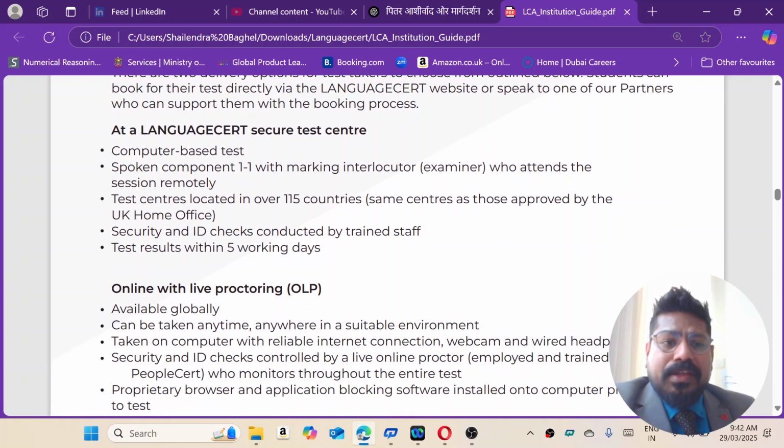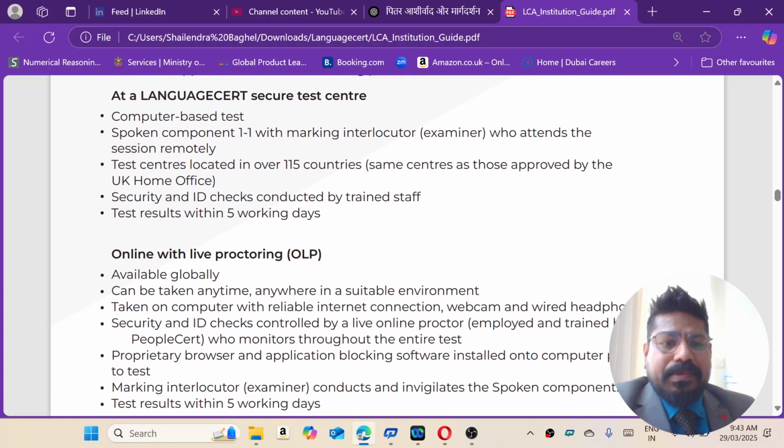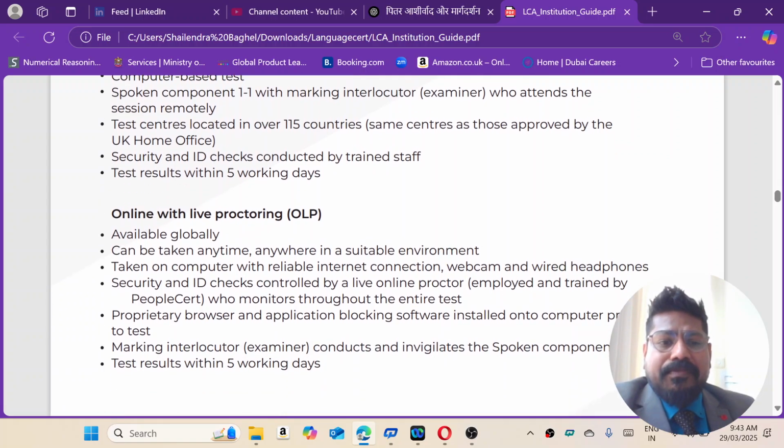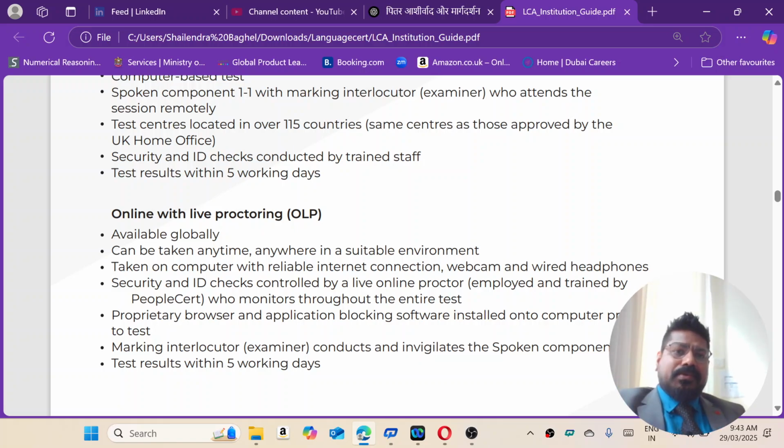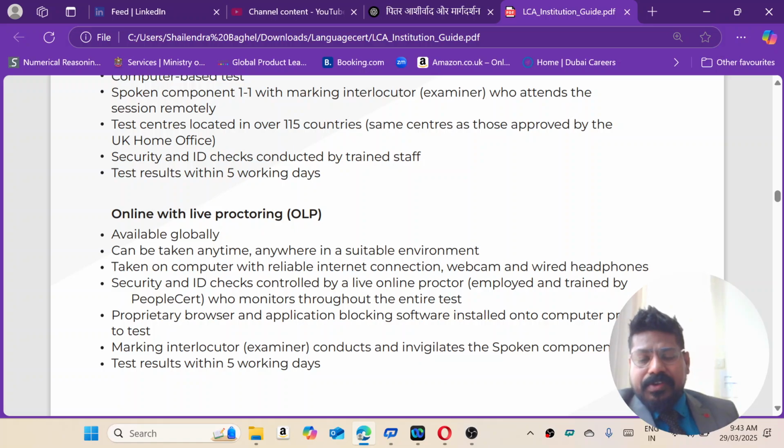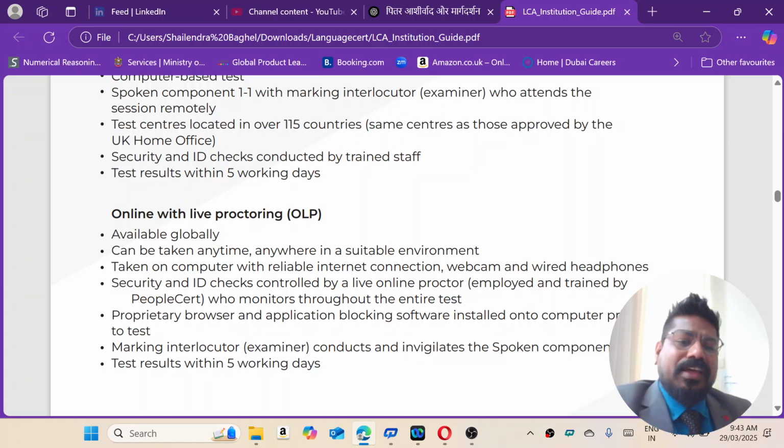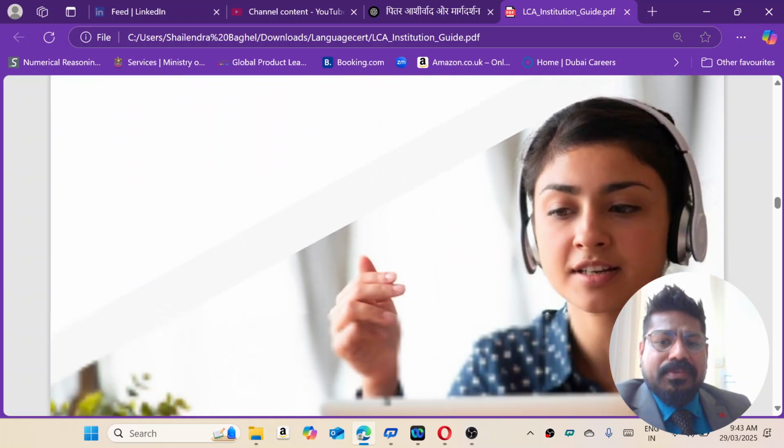Computer based, it's flexible, and then you have online live proctoring. जब आपका ऑनलाइन प्रॉक्टरिंग इन्विजिलेटर आएगा, वो आपको बोलेगा कि मुझे पूरे रूम का 360 डिग्री व्यू देखना है, above the table, below the table, if there is any other screen, तो वो आपको बोलेंगे कि उस स्क्रीन को कवर कर दो. तो इस तरीके के एक प्रोसीजर वो फॉलो करते हैं फॉर द हाइजीन.